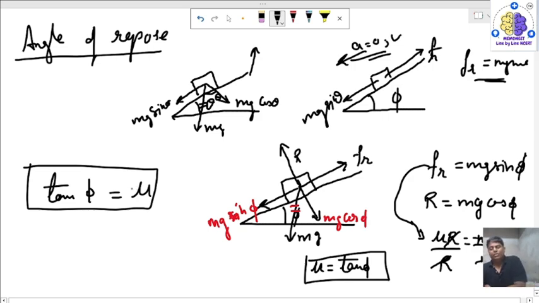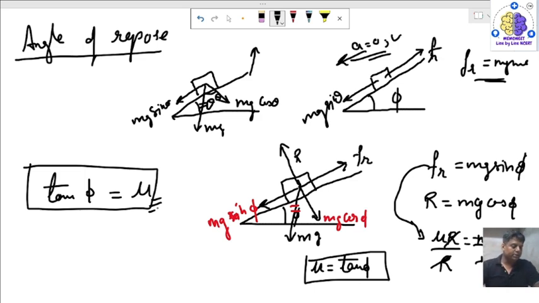That is the kinetic friction, right? Because the block had started moving and it is moving with zero acceleration. So the tan of the angle of repose is equal to the coefficient of kinetic friction, right? So we have finished up with the angle of repose.